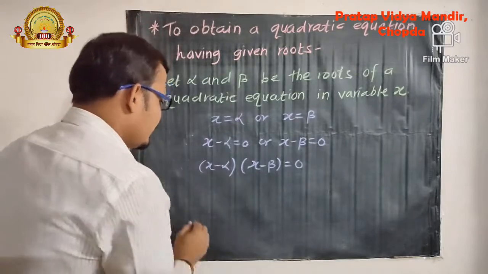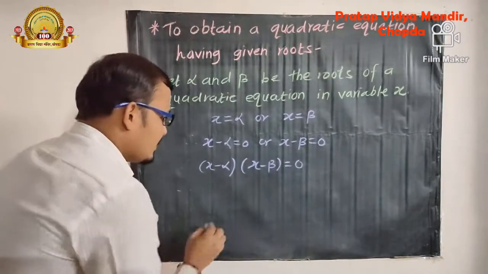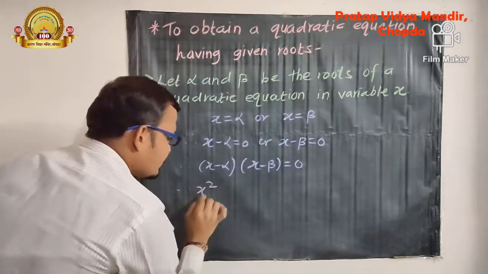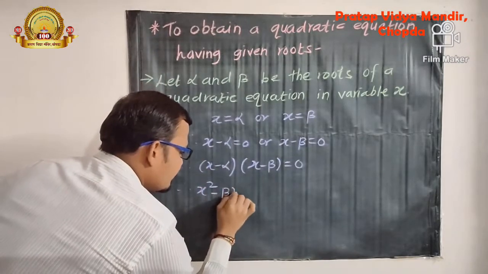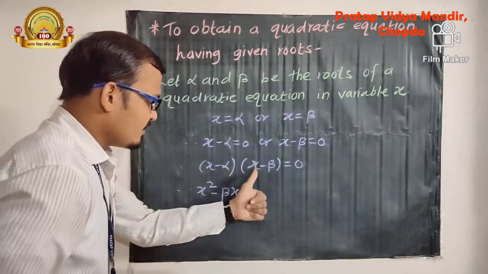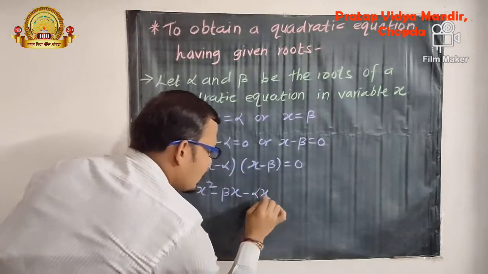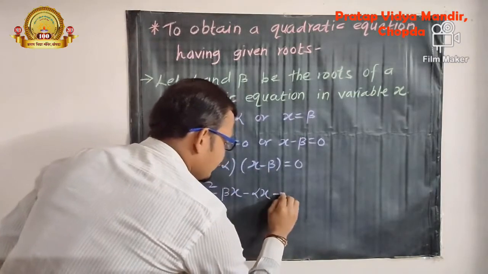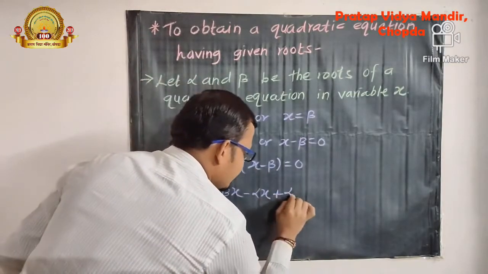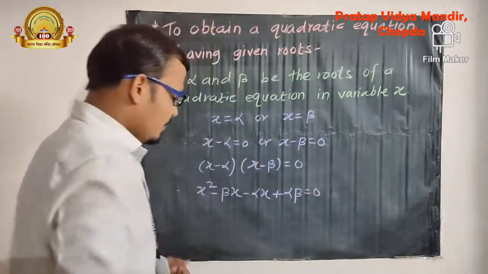So now multiply these two equations. X into x is x square, x into minus beta is minus beta x, minus alpha into x is minus alpha x, and minus alpha into minus beta is minus minus plus alpha beta is equal to 0.